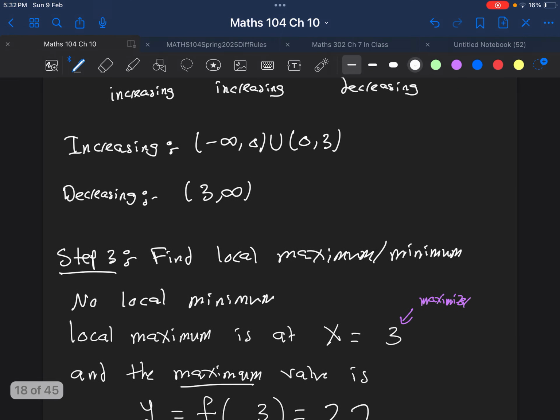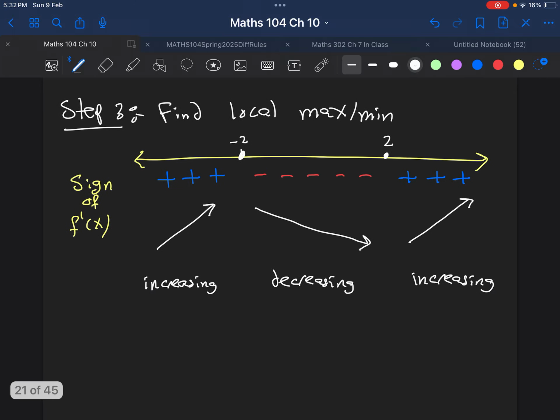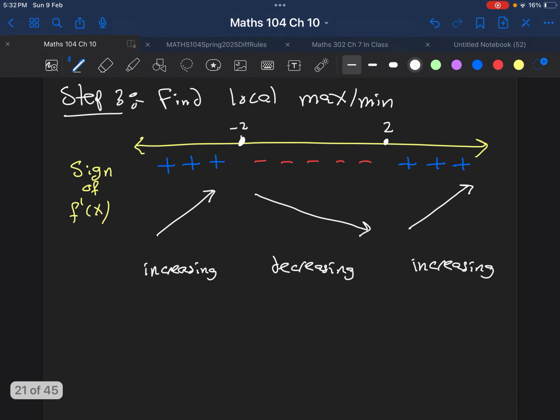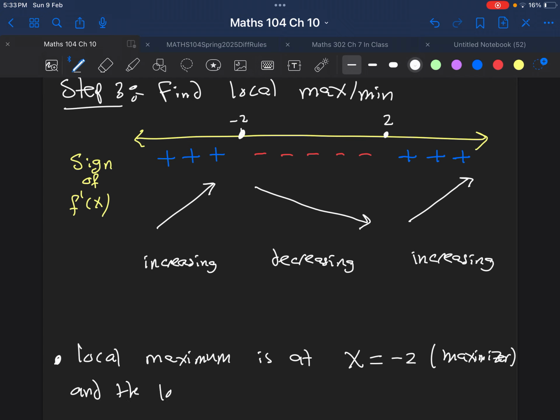And for local maximum, we can just take this one here. So just let me write it from scratch. Local maximum is at x equal to -2, which we call the maximizer because it causes the maximum, and the local maximum value.